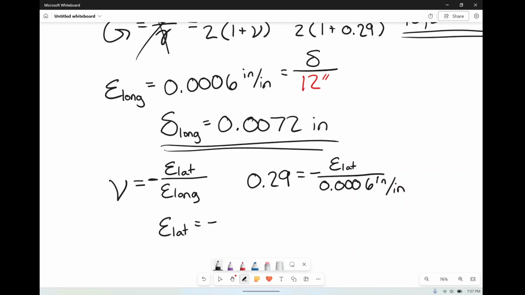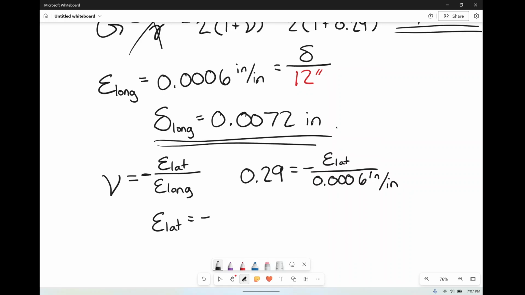So Poisson's ratio is always positive, so one of these has to be shrinking, not pulling, and in this case, since we are pulling it out further, our cross-section is getting smaller. So we do have a negative number, and it's negative 0.000174 inches per inch.